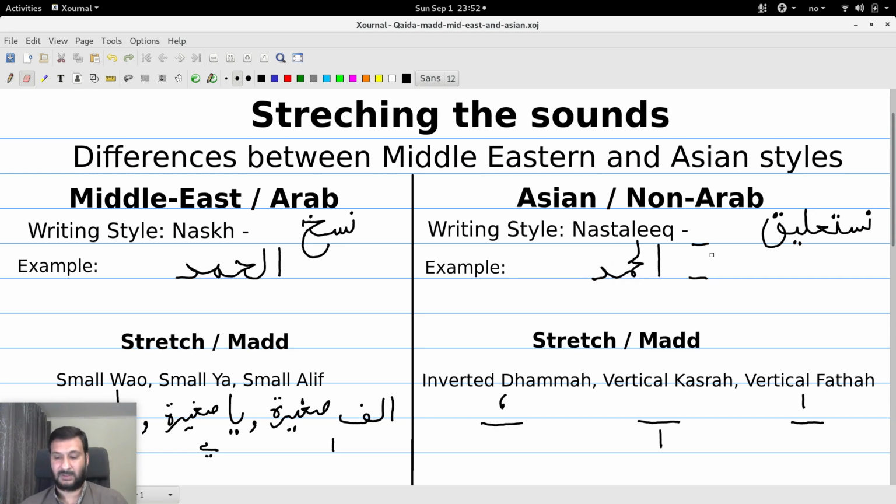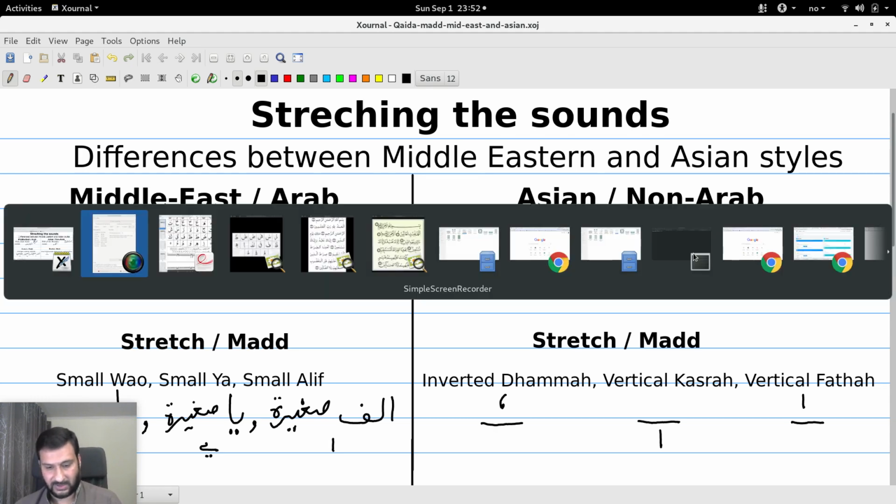So this is Nastaliq, where the letters can be at different levels going down. When they run out of space, they go towards the left, which, right to left, is the way of writing Arabic. So that's the difference. And now I'm going to show you two examples.